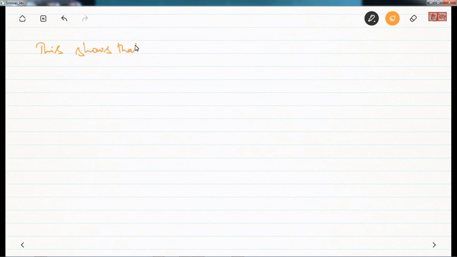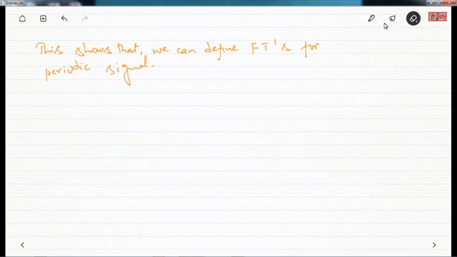This shows that we can define Fourier transforms for periodic signals also.